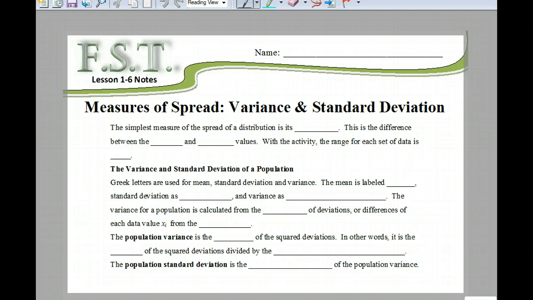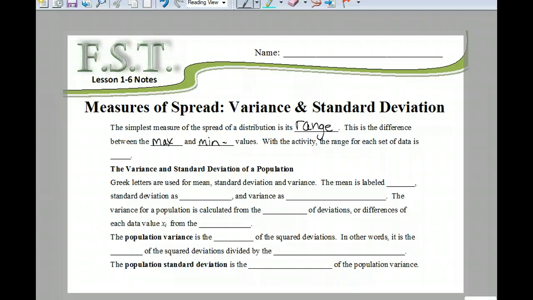So the simplest measure of spread of a distribution is its range. Okay, the difference between the max and the min values. That's how you find the range.